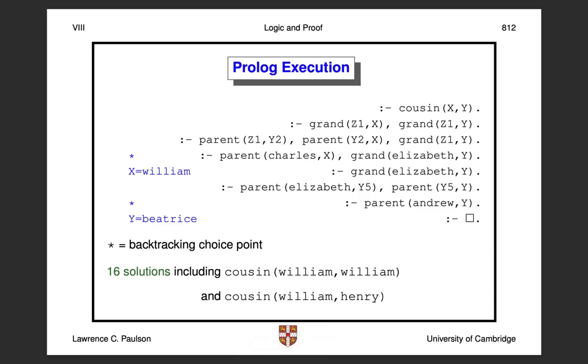They were introduced in the search process. So to solve this, we have to solve all three goals, and crucially, they have to be solved in the order given. First that one, parent(Z1,Y2), then this one, parent(Y2,X), and only at the end, this other grandparent goal.